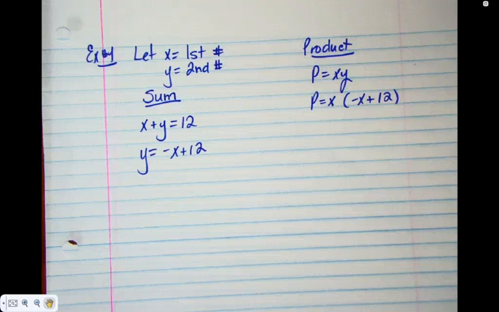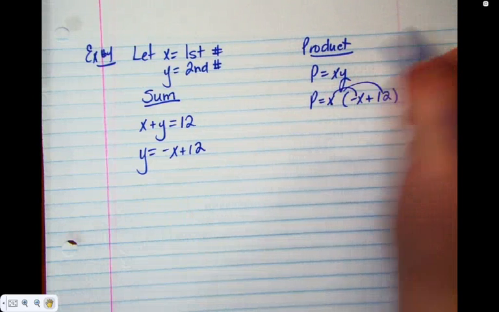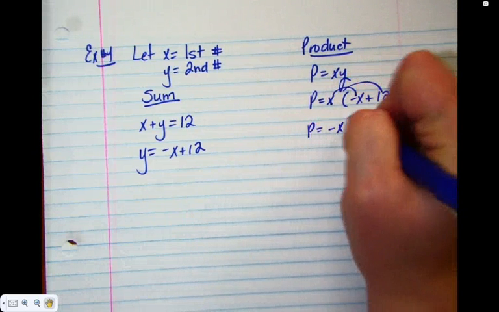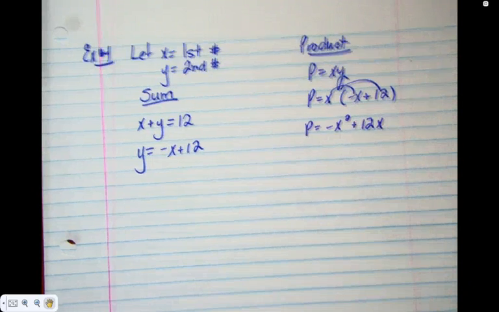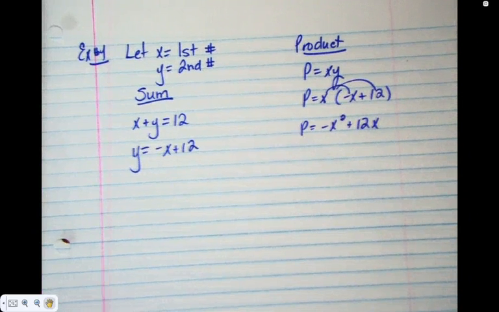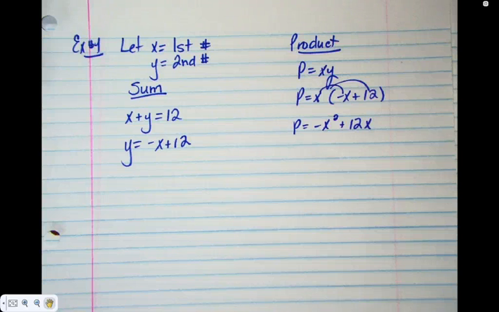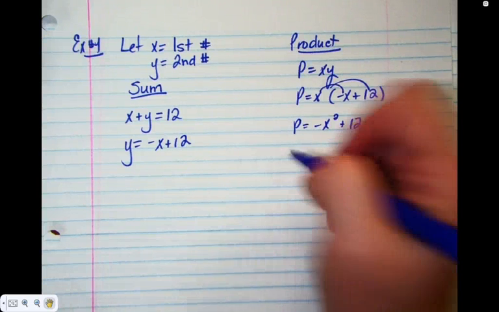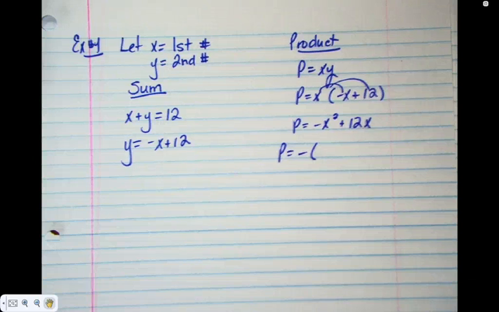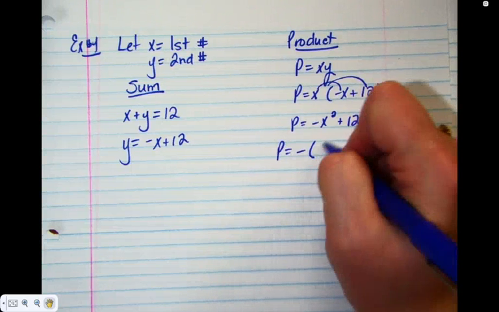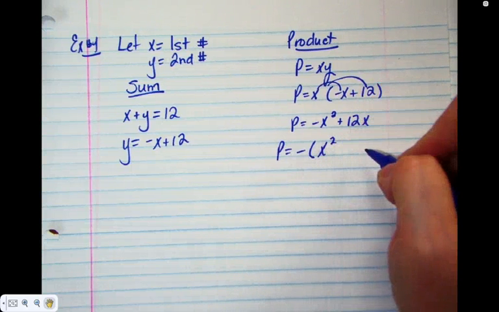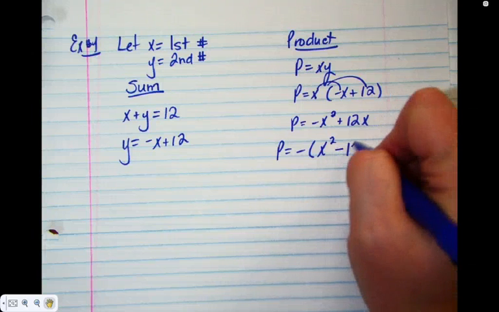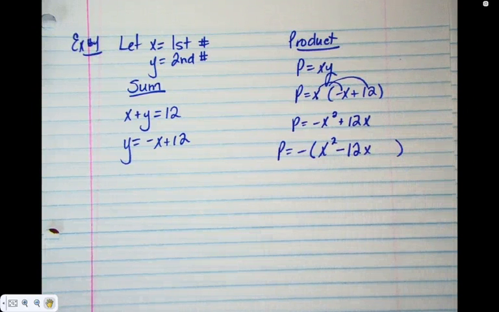What do you think we do next? And then? And then? State the vertex. Okay, step 1, factor out the negative. Magic number.